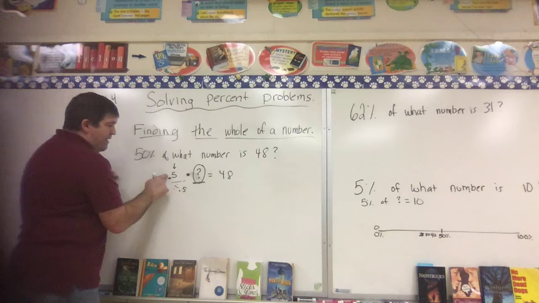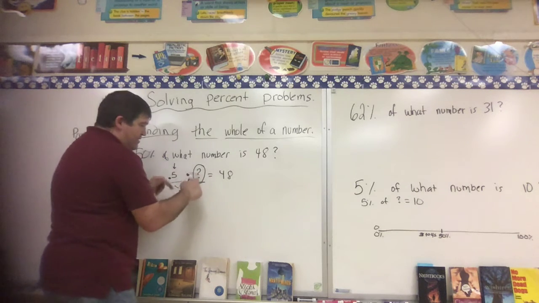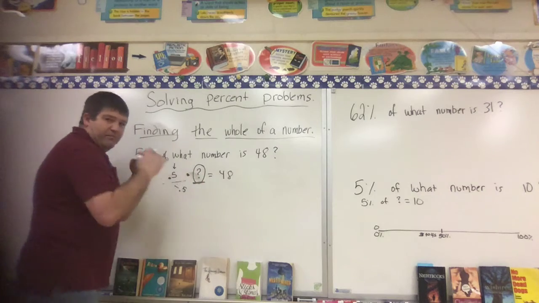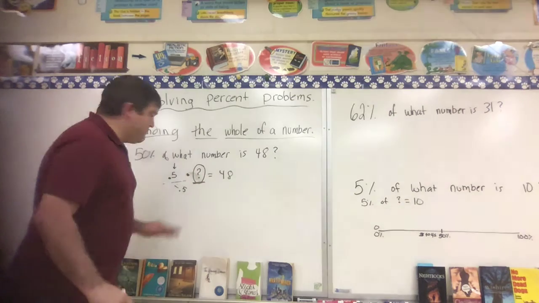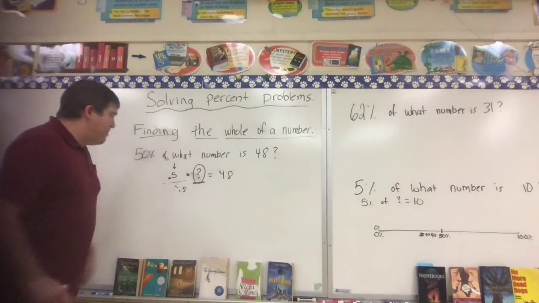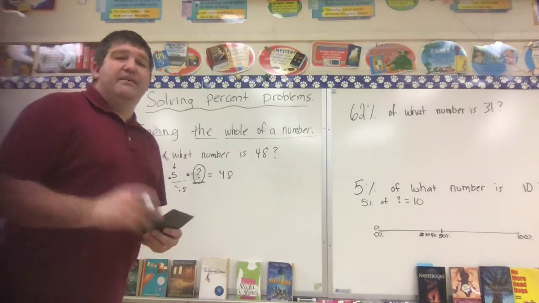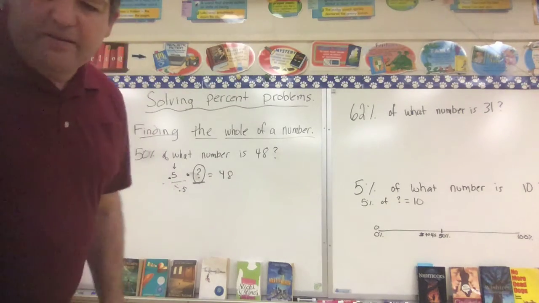And when I do 0.5 divided by 0.5, because right now it's times, so I have to do the opposite to get rid of it. If it's multiplied, then I have to divide it to get rid of it. So 0.5 divided by 0.5, if you do that on your calculator, you're going to get the answer 1. Okay?